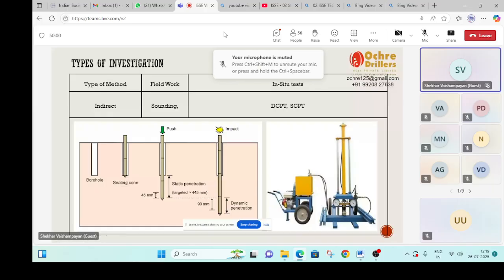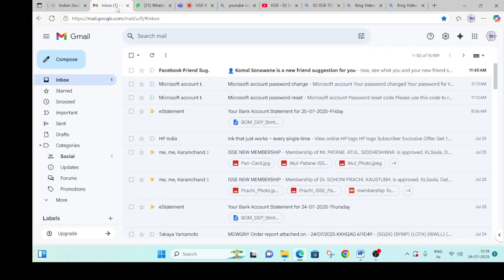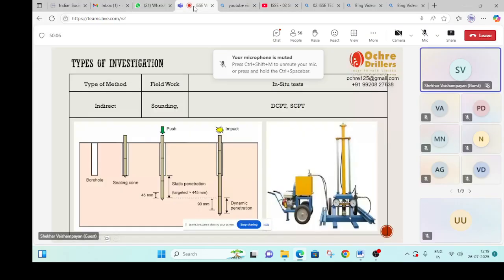What does the cone penetration test do? You can see a typical photograph on the right side, where there is a hydraulic jack. The hydraulic jack oil is supplied, and the hydraulic jack presses this down, and the resistance encountered is measured on the gauges. You attach a lance or a cone, the sitting cone.